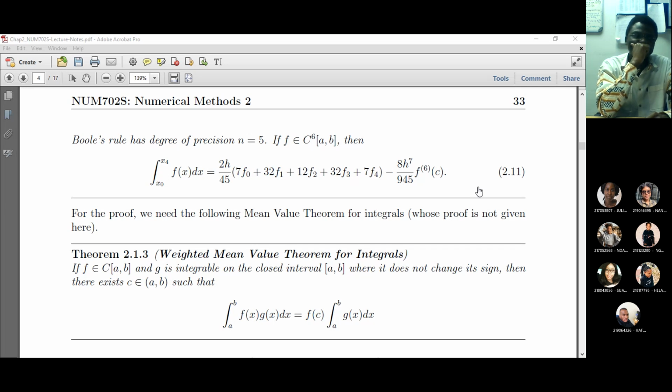Camelo. Yes, doctor. You are not saying anything. No, I don't have any question. It's not about having any question. I ask you if you understand the motivation behind the concept of the Gaussian quadrature formula. Why are we introducing the Gaussian quadrature formula? Do you understand that?